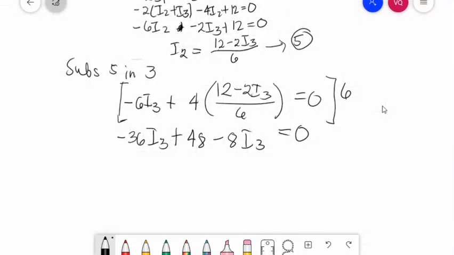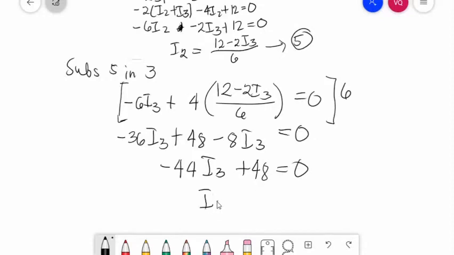So negative 36I3 minus 8I3 is equal to negative 44I3, plus 48 is equal to 0.